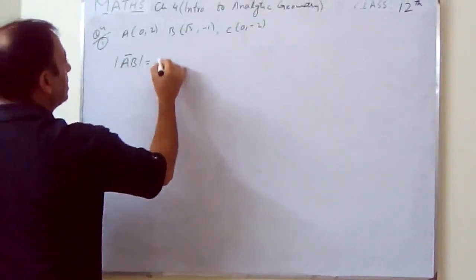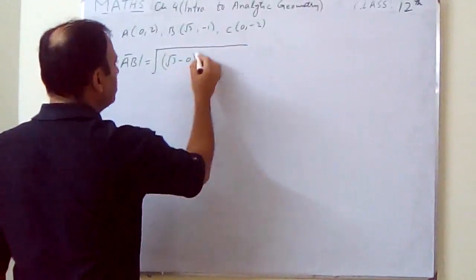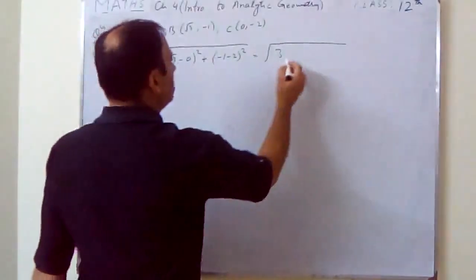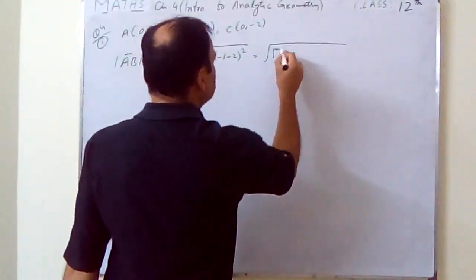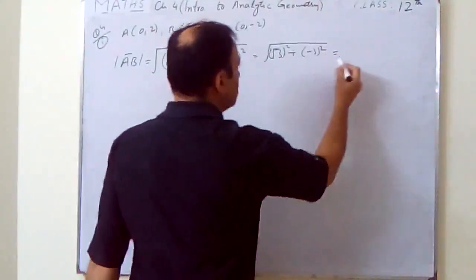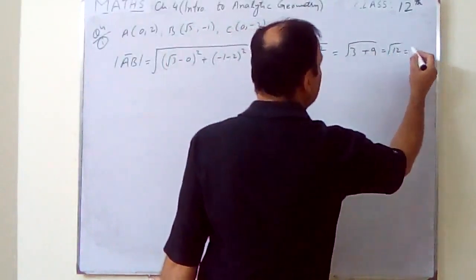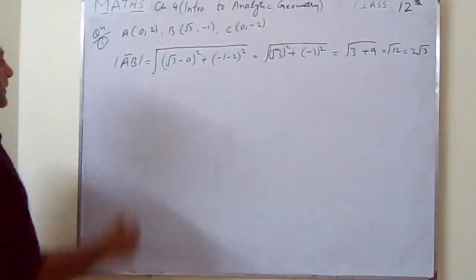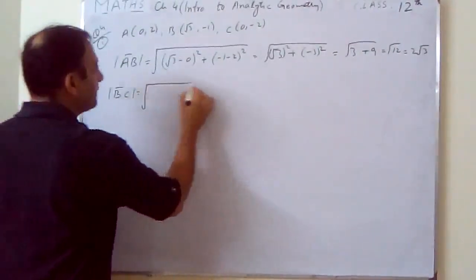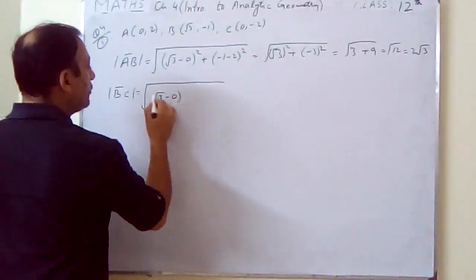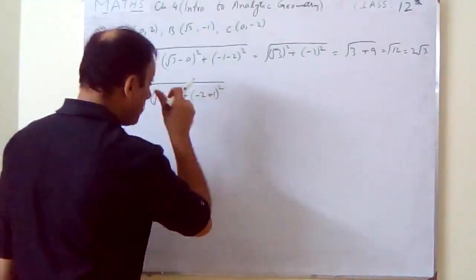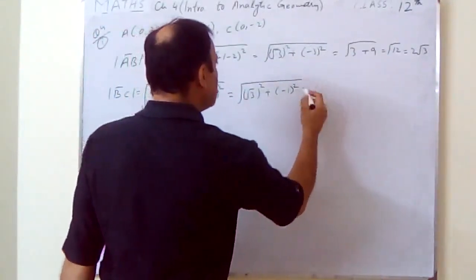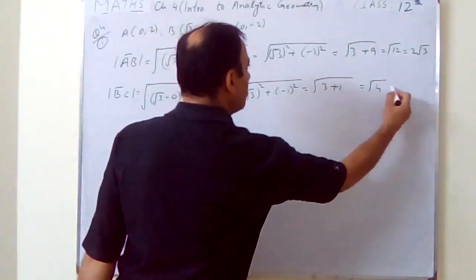AB is √((√3 − 0)² + (−1 − 2)²), so that is √(3 + 9) = √12, that is 2√3. BC is √((√3 − 0)² + (−2 + 1)²), that is √((√3)² + (−1)²), so 3 + 1 is √4, which is 2.